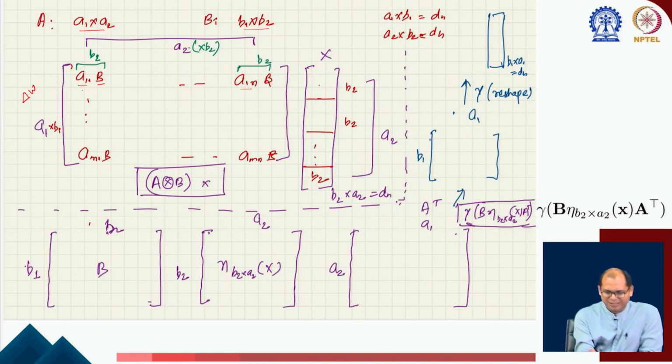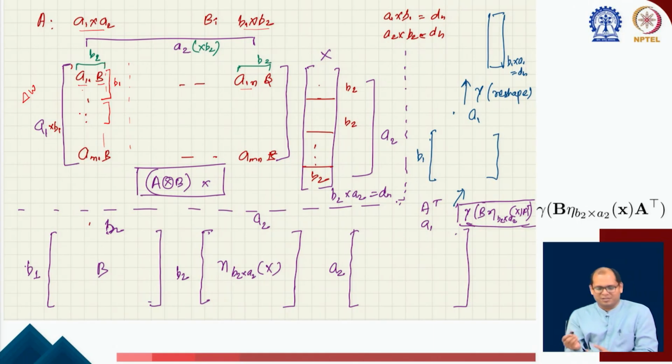So it has A2 such blocks of size B2, overall size A2 cross B2. Similarly in terms of rows, each B has B1 rows and you have A1 such blocks, so A1 cross B1 size here. Since A1 cross B1 is dh and A2 cross B2 is dh, you have a square matrix.